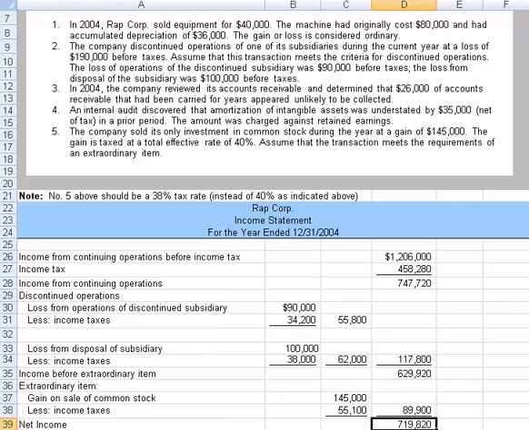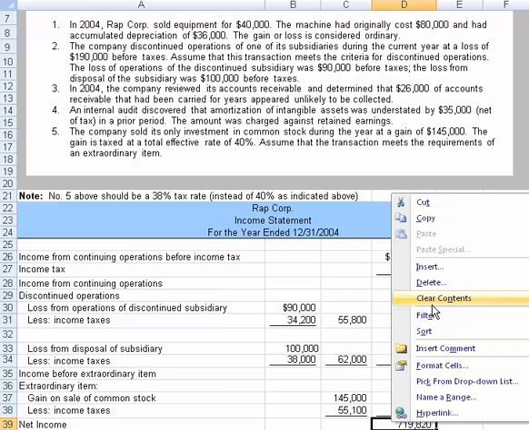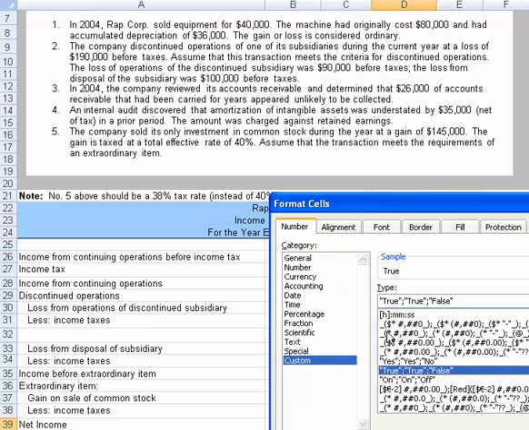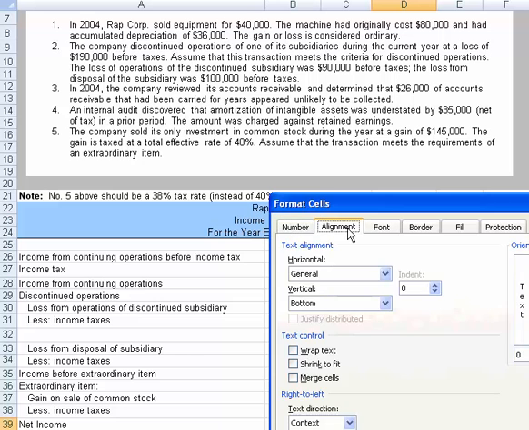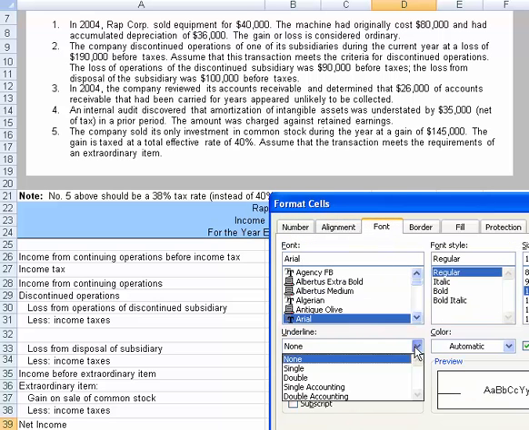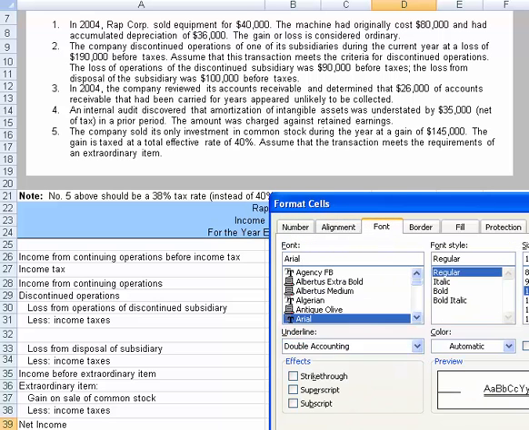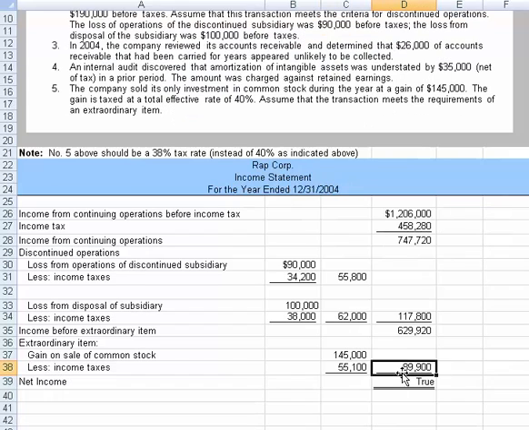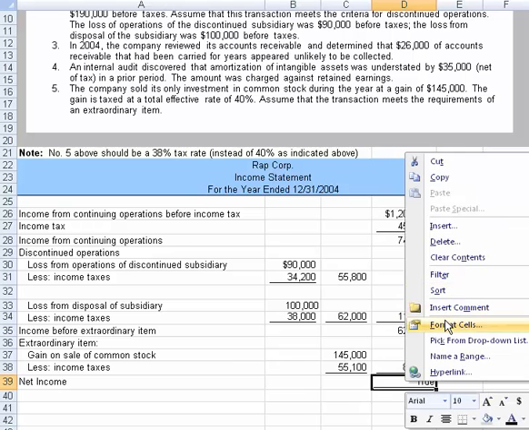And then let's format this with a double underline. I think we have it under font. Okay, I'll slide a little bit up. I did it as a true. That's not right. I think I picked the wrong item there.